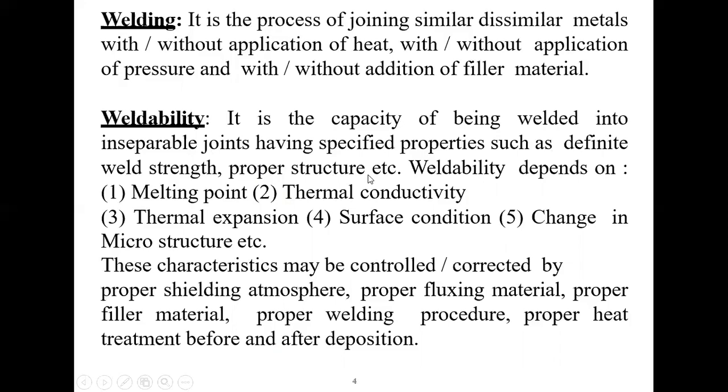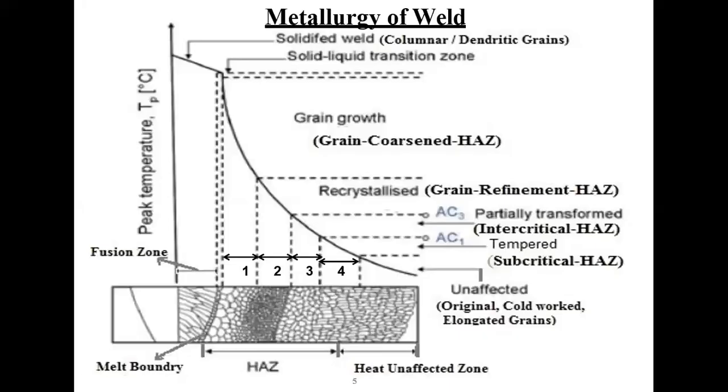Next, here is the metallurgy of welding. I'm not going into detail in this lecture, I'm just going to discuss that suppose this is a simple butt joint. Here is one part and here is another part.